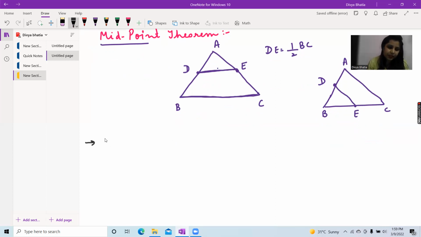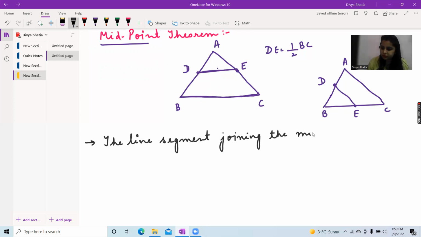So it says the line segment, which line segment we are talking about? The line segment joining the midpoints of any two sides of the triangle. Now again, the type of triangle is not mentioned, so it is valid for all types of triangles.